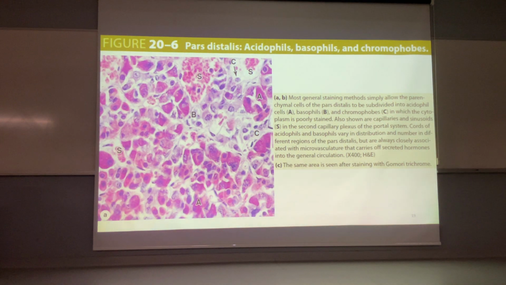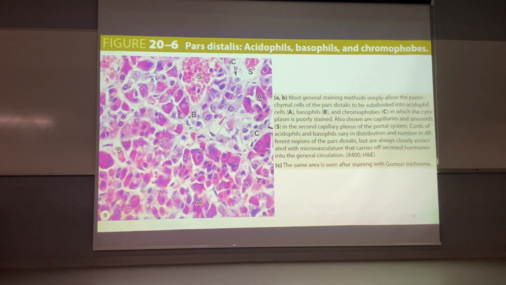Can you see high affinity to the acidophilic or basophilic dyes? No. Here you can see clear cytoplasm. This is our chromophobe cell. These chromophobe cells are a type of stem cells of acidophil and basophil cells, without any secretory granules in their cytoplasm.